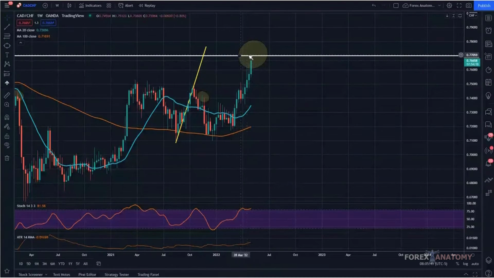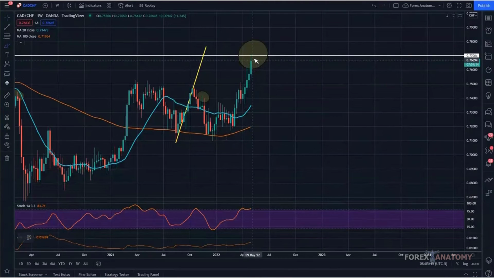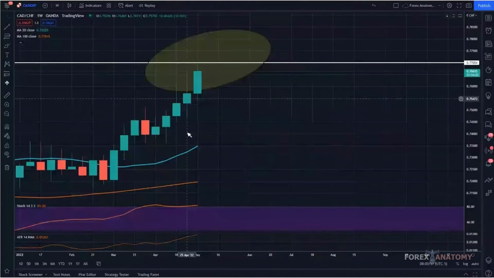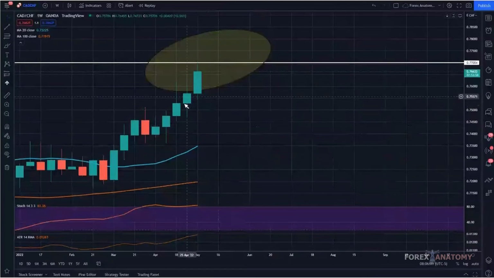So, right around here, we're expecting the sellers to come in and help push price lower. So that's what we're expecting on this particular pair. But if you look at last week's weekly candle, not this current week, but last week's, we see that last week's candle had some indecision.